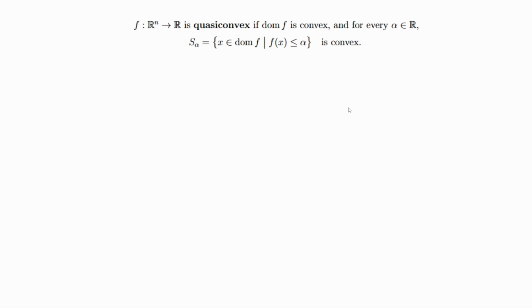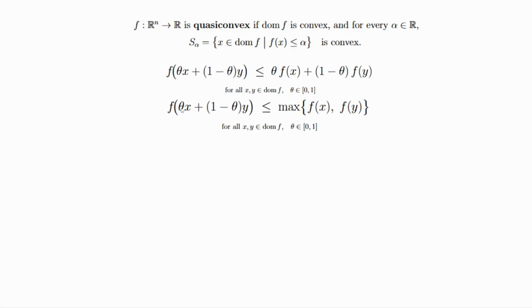Now, one of the most useful characterizations of convexity was Jensen's inequality. In other words, the value of f on a convex combination is at most the weighted average of the values at the endpoints. But for quasi-convex functions, we get an analogous inequality, and I think it's even cleaner to read.